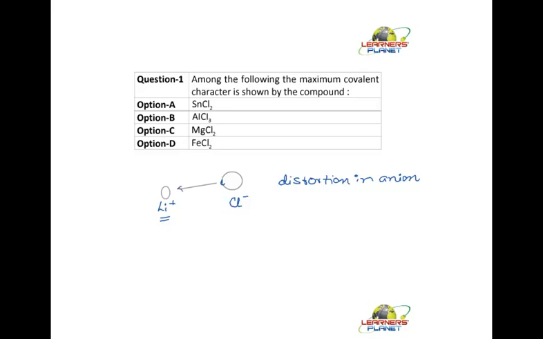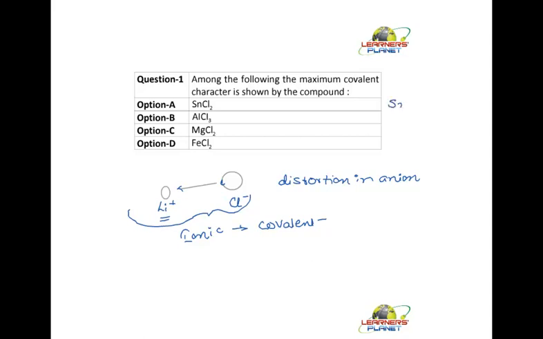It can't pull it completely, so this particular bond, which was ionic, becomes covalent. This is Fajan's rule in simple words. Now let's find out which of the following is ionic in nature. Let's take up the sizes.